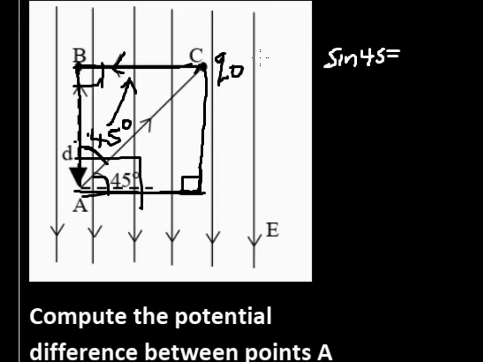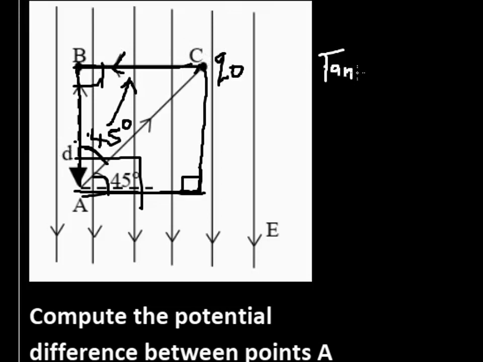Now, I'm not using sine 45. Remember, what I have is D, which is adjacent. All I need is to use tan, because the D that I have is the adjacent, and the BC I'm looking for is the opposite. Tan is opposite all over adjacent.